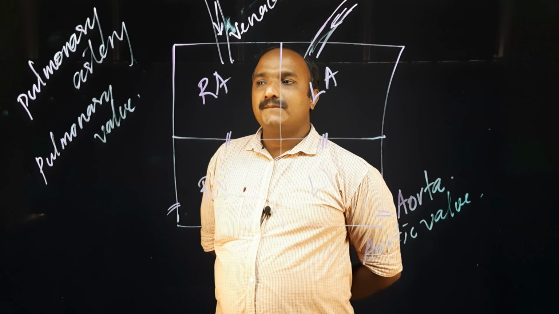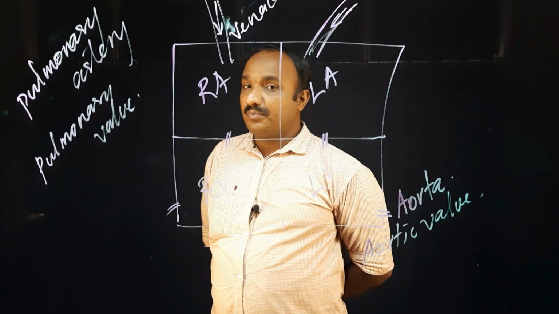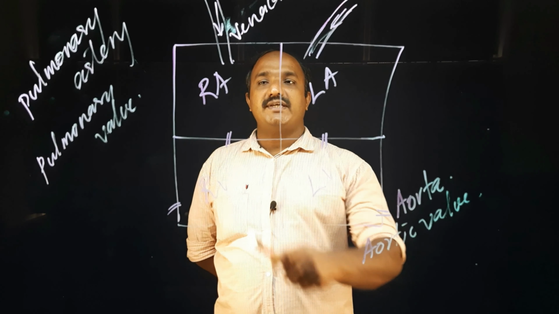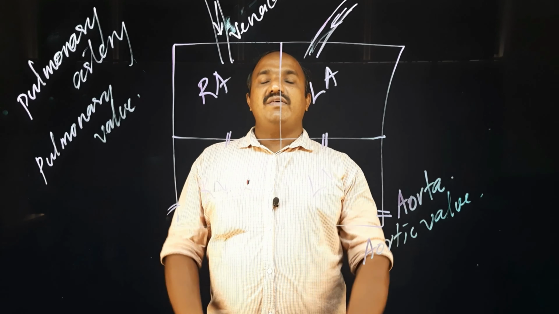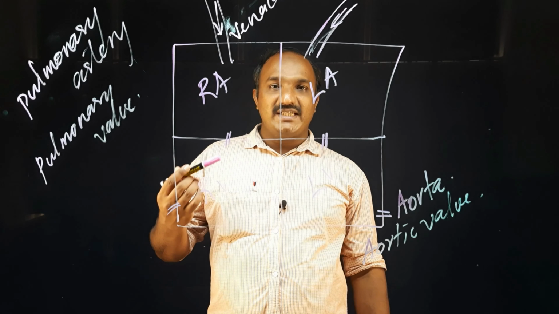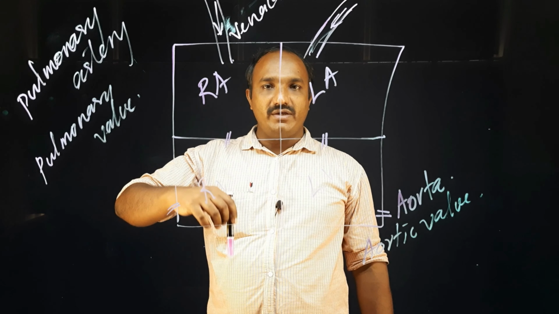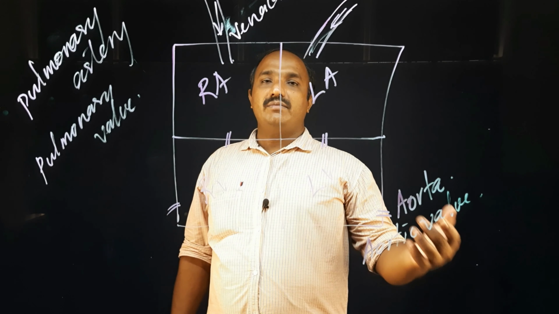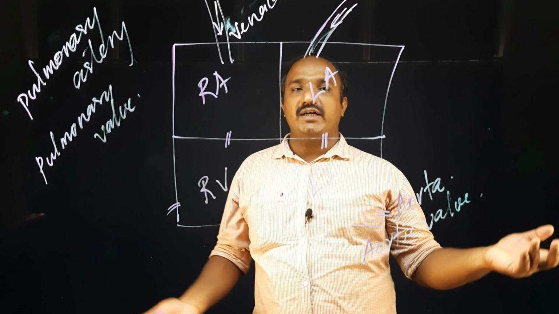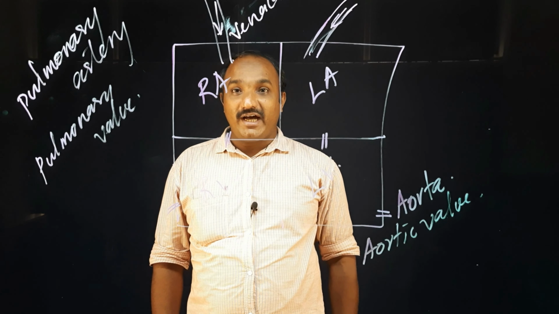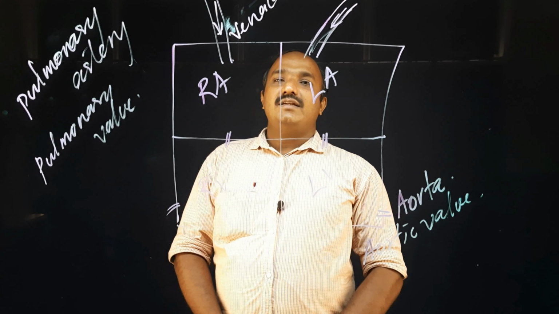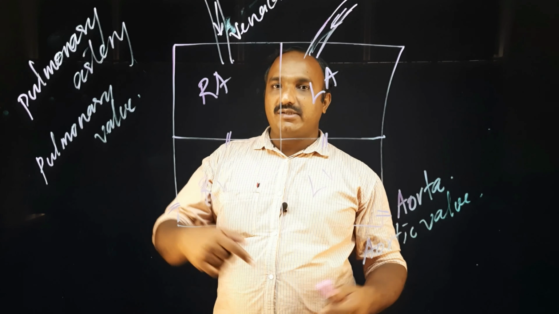Okay. So points. Upper chambers are called atria, lower chambers are called ventricles, then the tricuspid valve and bicuspid valve. Then blood vessels that carry blood to the heart are called veins, the largest one is the vena cava. Then blood vessels which carry blood out of the heart are called arteries. Then the largest one is the aorta, the largest artery is the aorta.